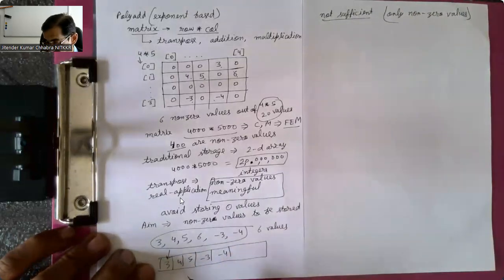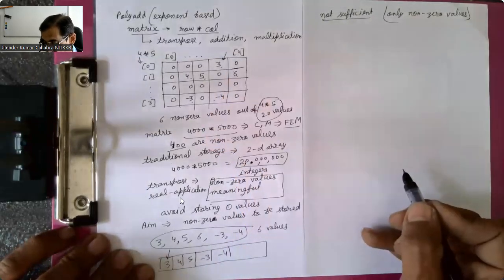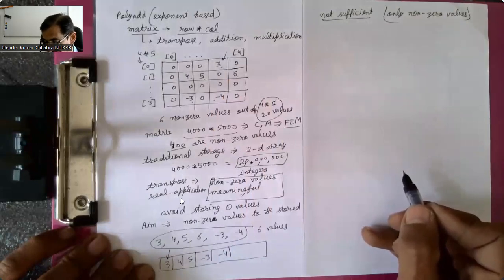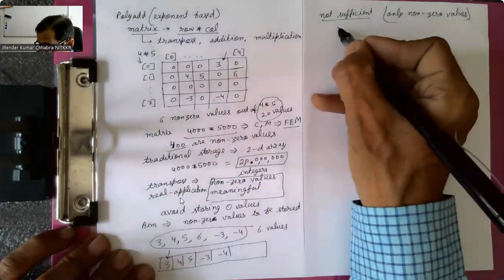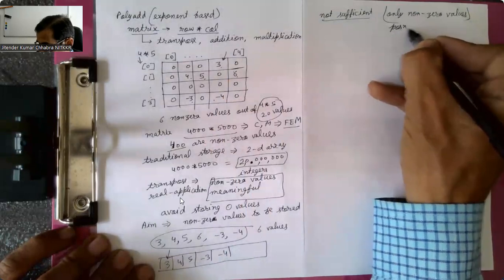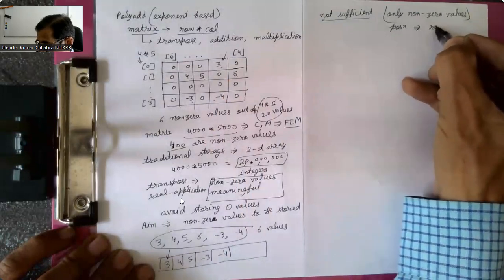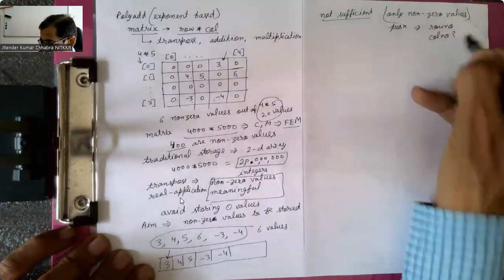3 I have stored, but whether 3 was stored at index 3 or it was stored at index 523 or any other index, I have no idea. So obviously, I have forgotten their position. Position means its row number and its column number I have lost.